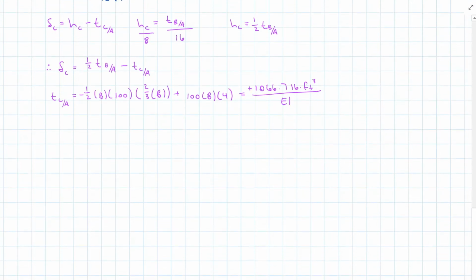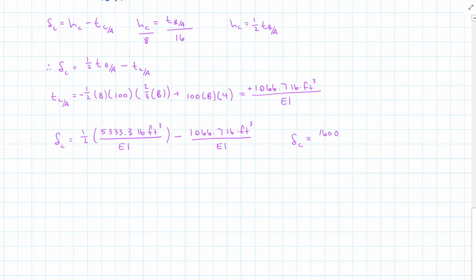All right, let's plug in our numbers. The deflection at C is going to be 1/2 5,333.3 pound-feet cubed over our material properties E and I minus 1,066.7 pound-feet cubed all over EI, and we have a deflection at C equal to 1,600 in 3 significant digits pound-feet cubed all over EI.